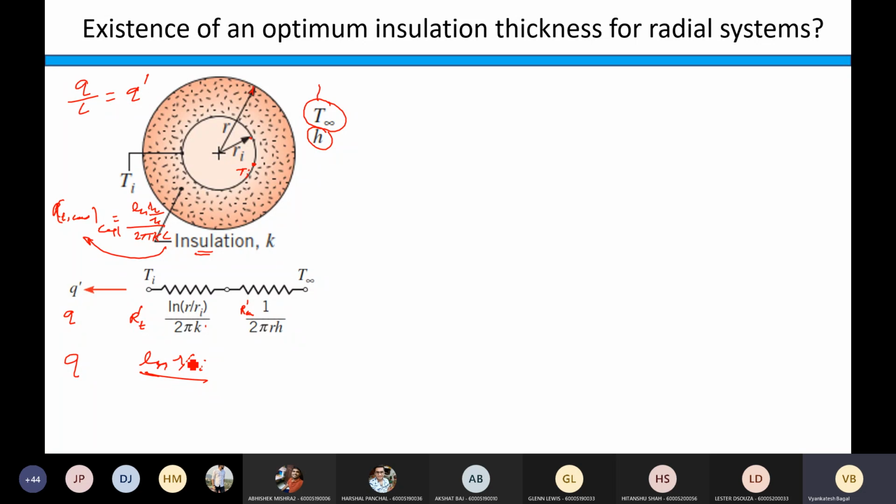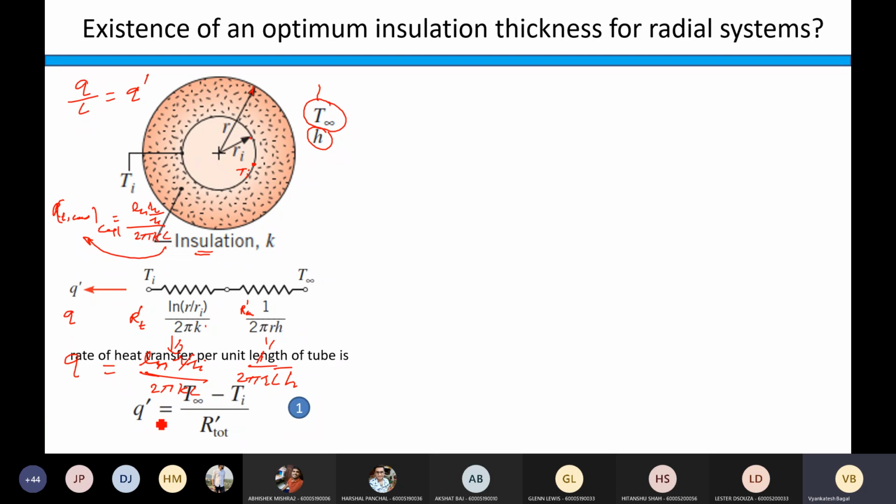So ln r by ri divided by 2 pi k L for this, and this should be written as 1 upon 2 pi r L h. So this is basically 1 upon hA. You can also use the symbol Q only to represent the rate of heat transfer through the cylinder instead of Q dash if you are getting confused.